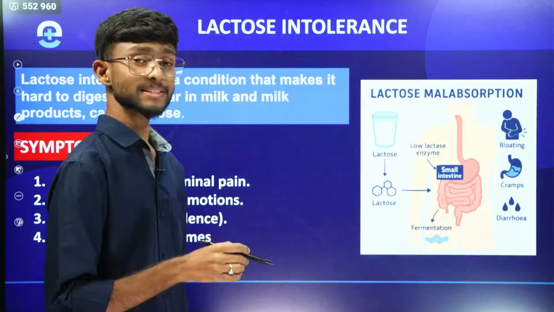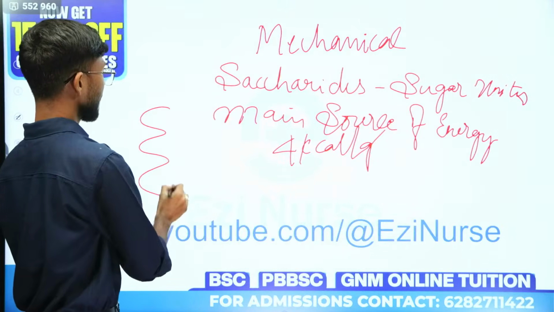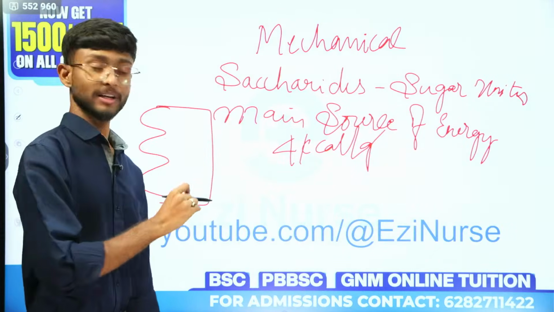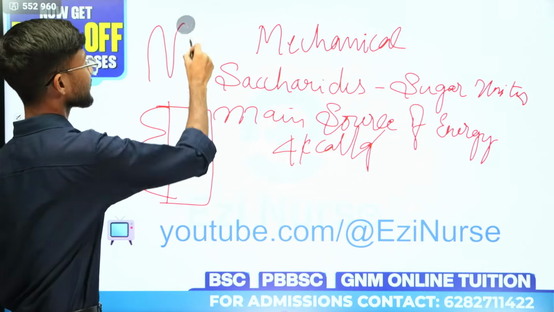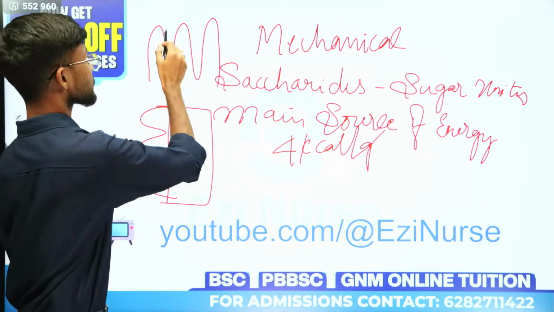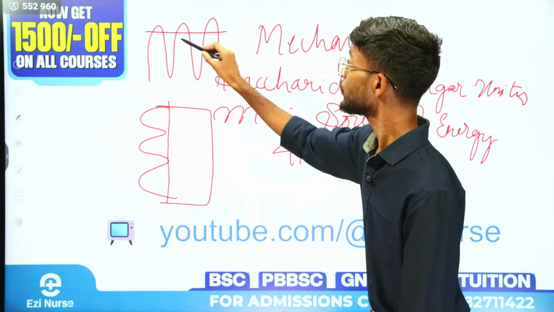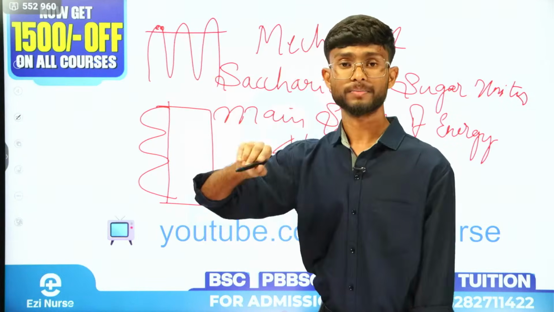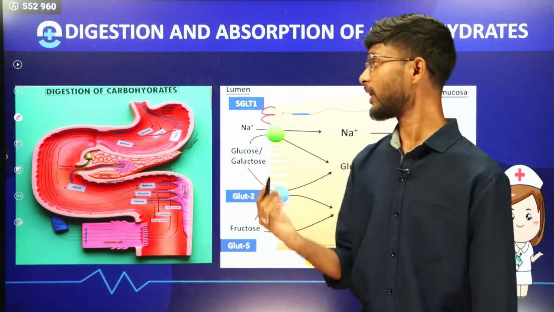In the intestinal lumen, consider this is the intestine. This structure is called the brush borders. These brush borders help to absorb the nutrients.